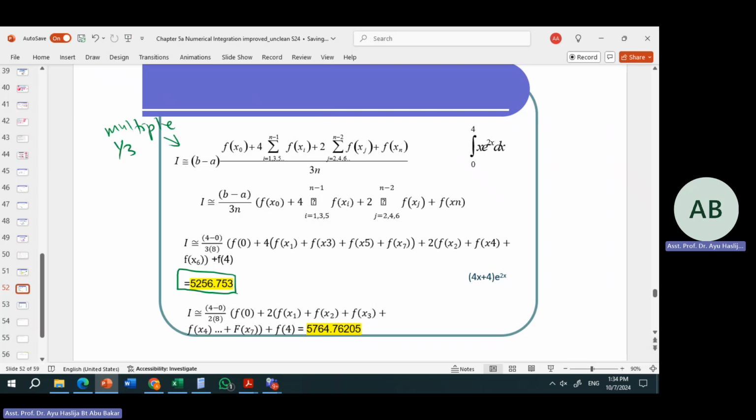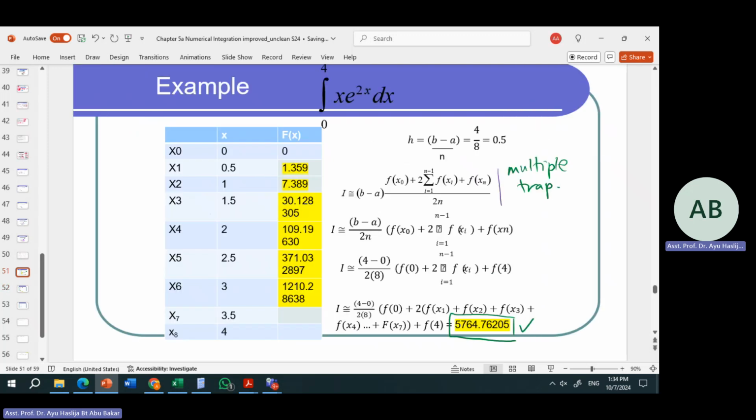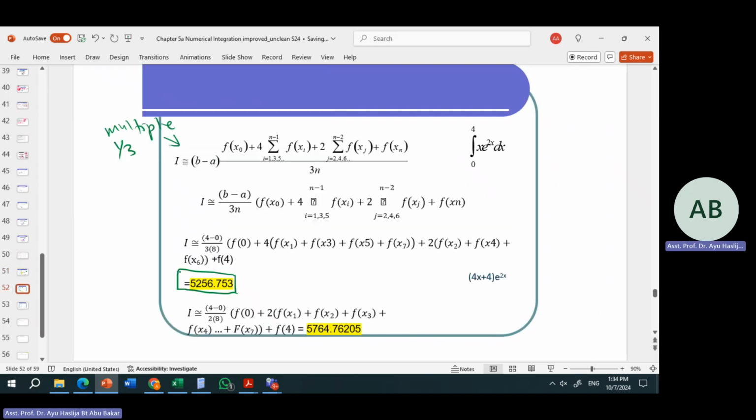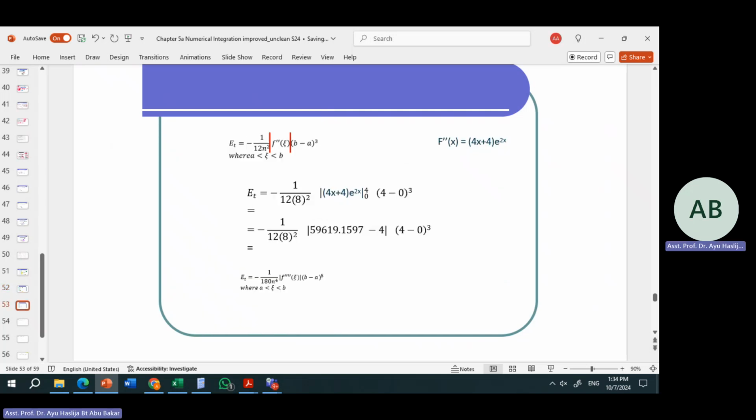So you can see the difference between multiple trapezoid and multiple Simpson. The value deviates quite a lot: 5, 7, 5, 2.